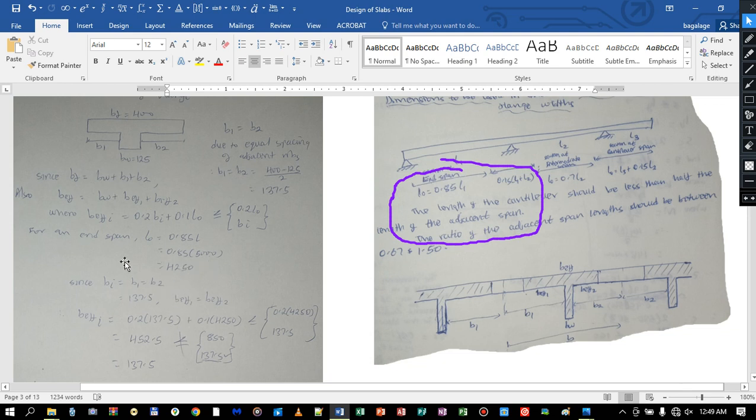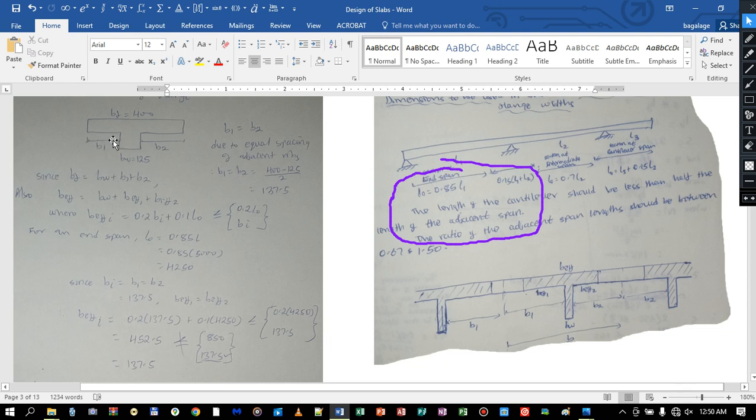Which we shall substitute into this equation to get the effective width of one side. For example, the effective B1 should be less than the provided.